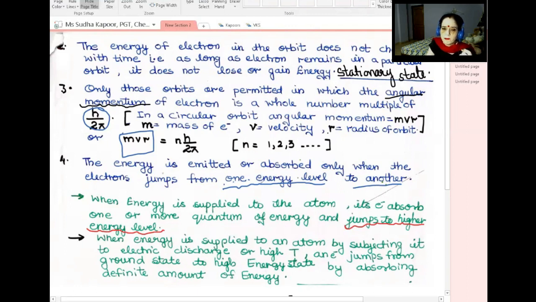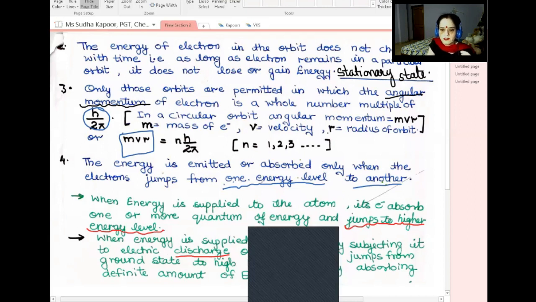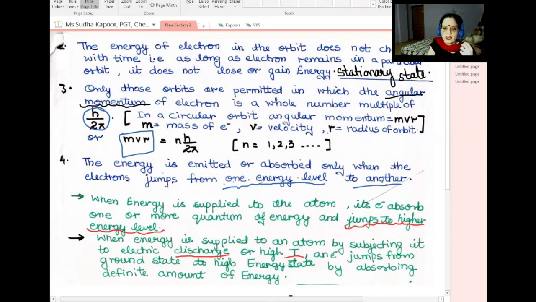And this energy is supplied to the atom, and then to the electron, by subjecting it to high electric discharge. How can the energy be provided to that electron in the atom? By using high electric discharge or by using high temperature. The electron absorbs this energy and jumps from the lower level to a higher level.